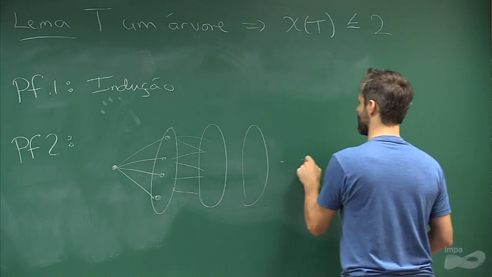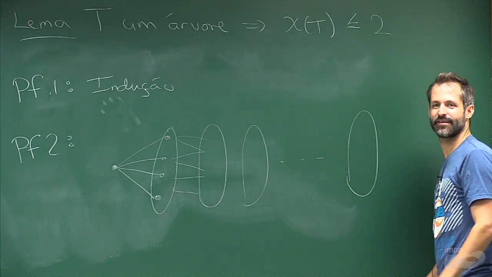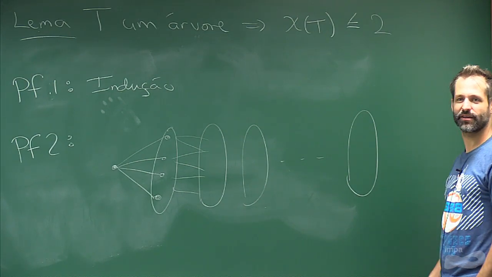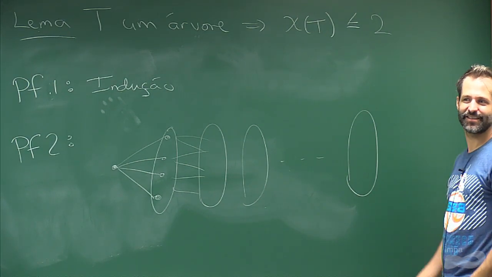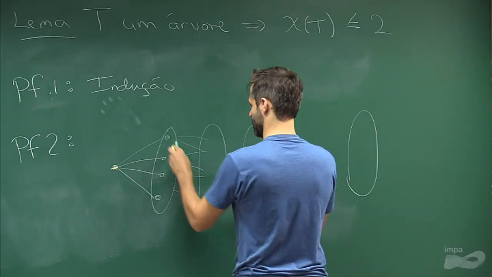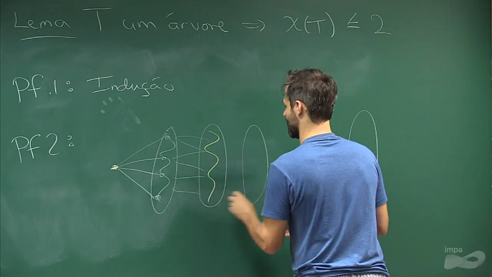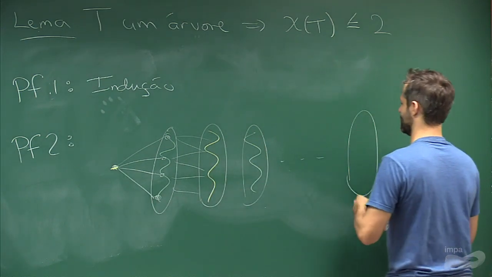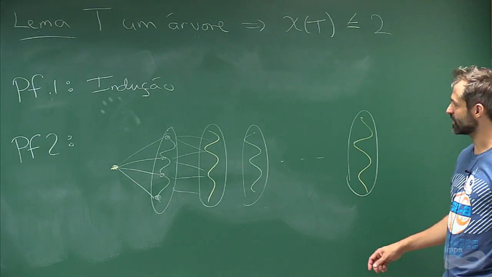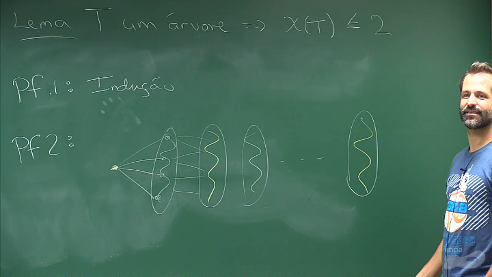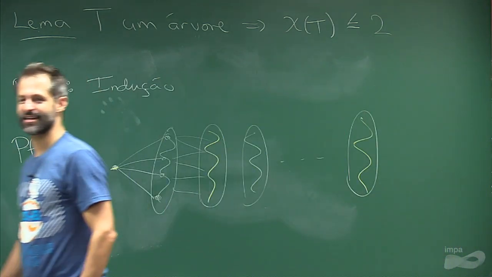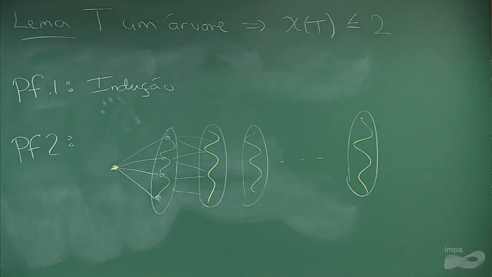And the neighbours of those guys, and so on, until you get to the end. What's the colouring? Alternate. Yeah, just alternate, exactly. This guy's yellow, this guy's green, this guy's yellow, this guy's green, and so on. And why are there no monochromatic edges? Each set is an independent set because if not, there would be a cycle. Exactly, exactly.